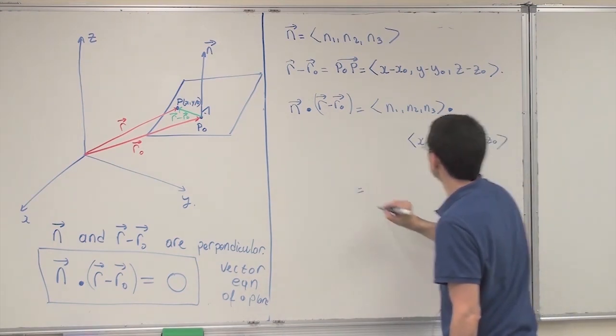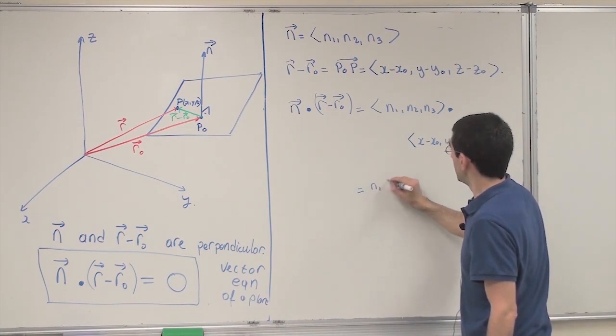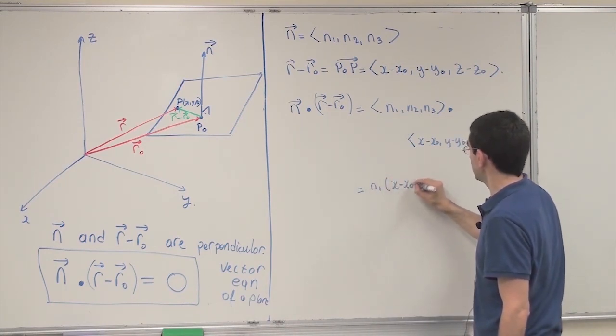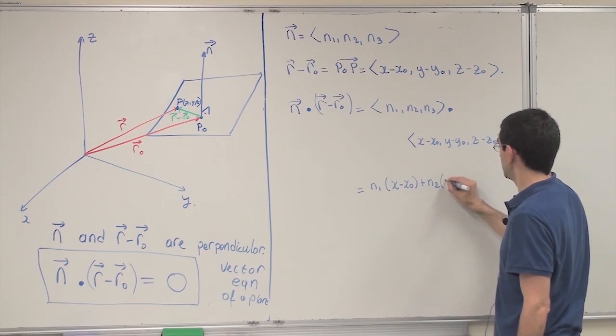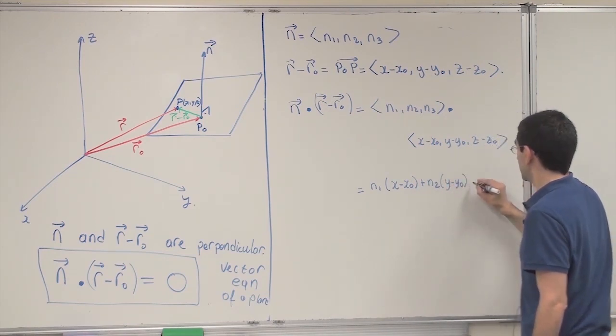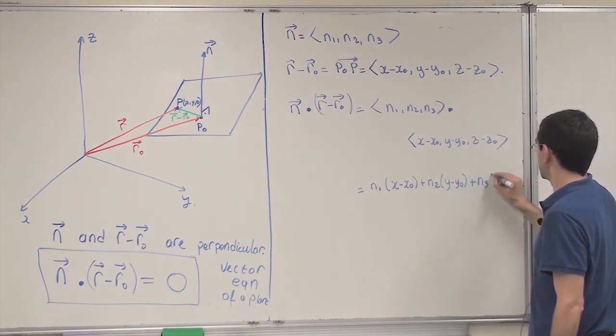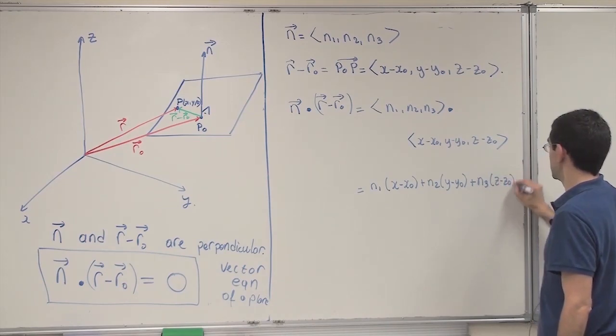And which will be n1 times x minus x0 plus n2 times y minus y0 plus n3 times z minus z0.